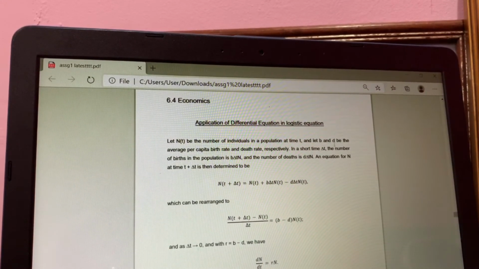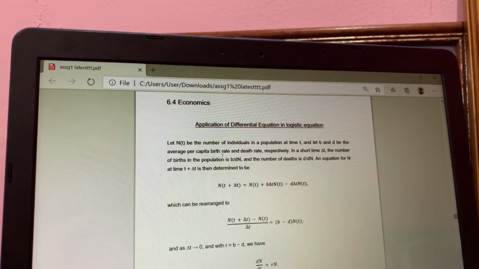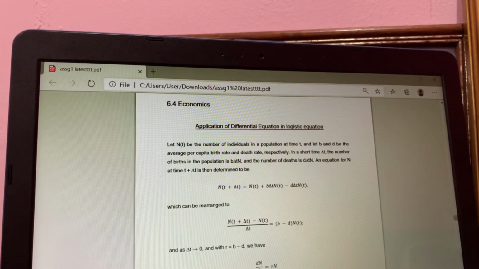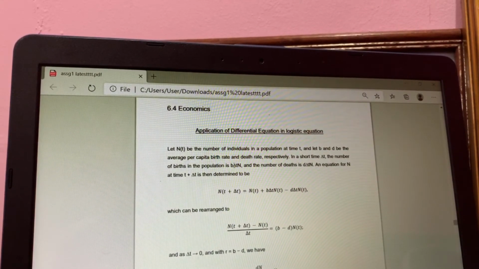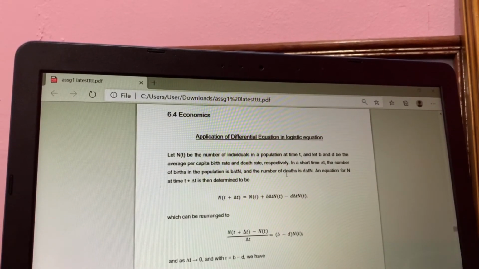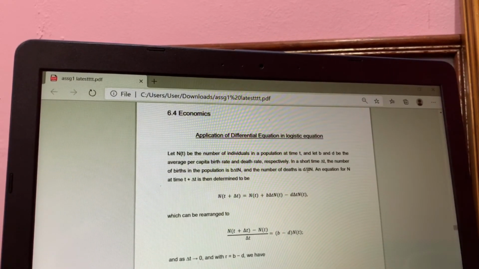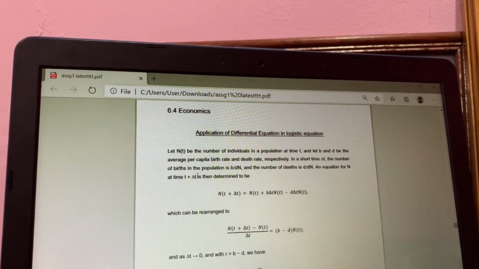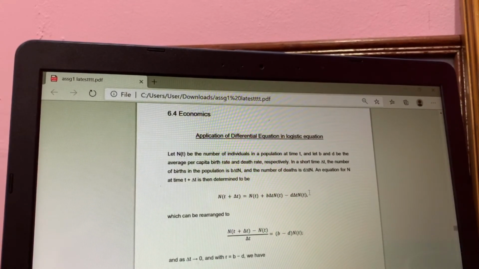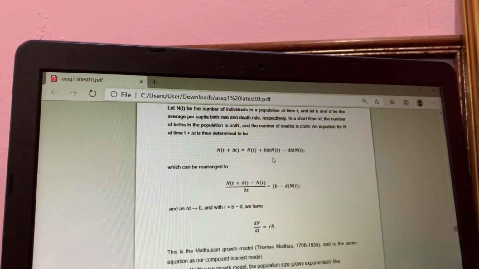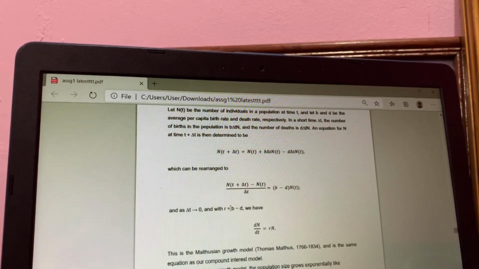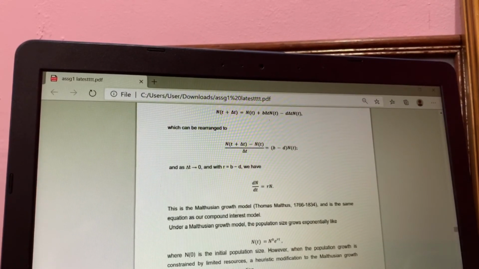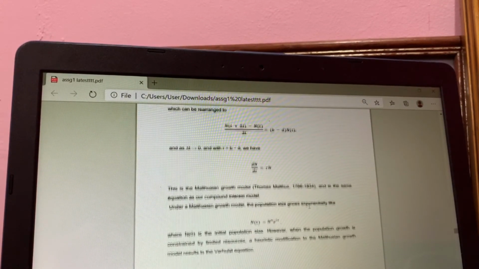In a short time delta t, the number of births in the population is b delta t N, and the number of deaths is d delta t N. And the equation for N at time t plus delta t is this, and we arrange this equation into this, and we let delta t go to 0 and r equals b minus d, and we have this equation.